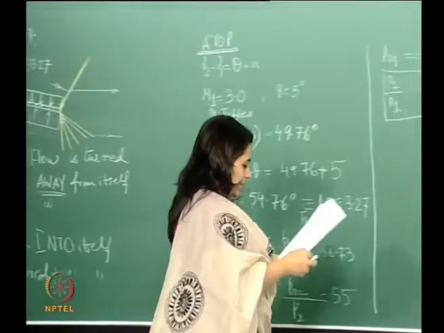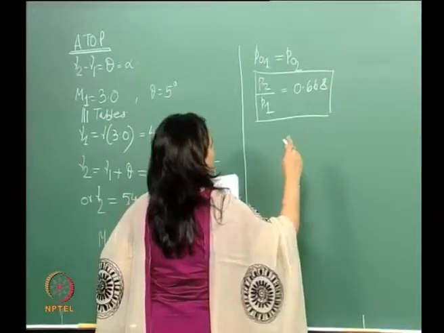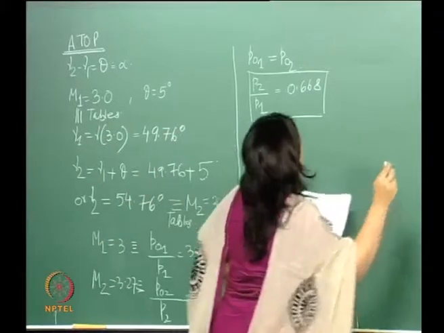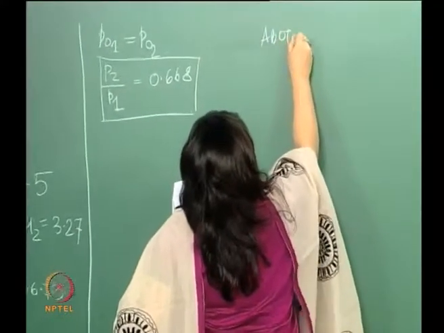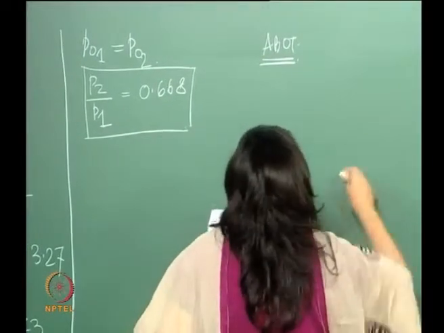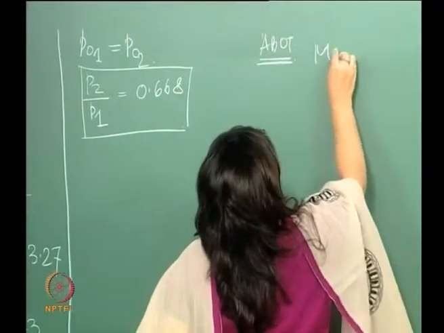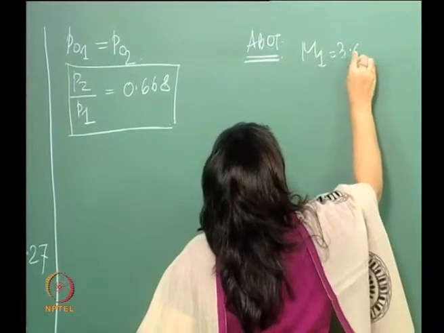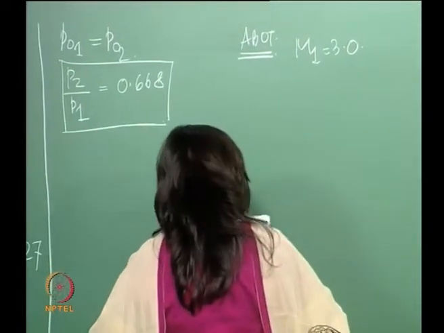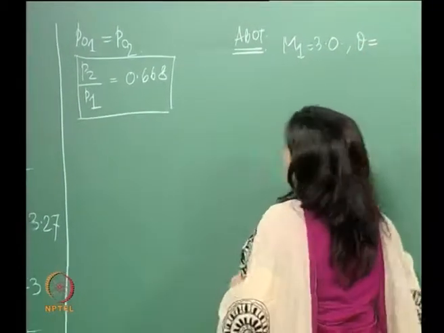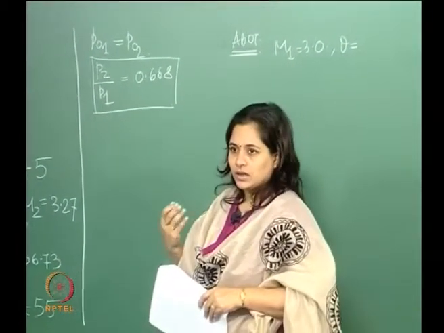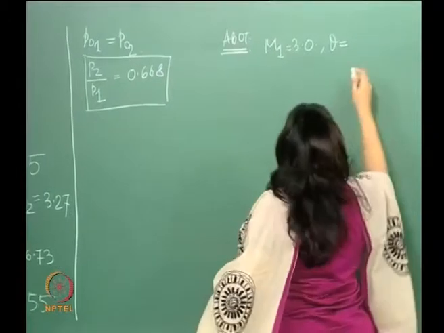Now, at the bottom surface, we have an incoming Mach number of 3. Okay. So, we have a theta, which is the deflection, which is 5 degrees, the angle of attack.